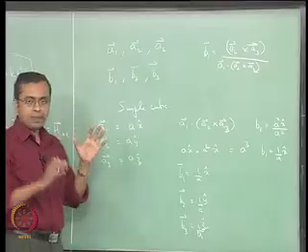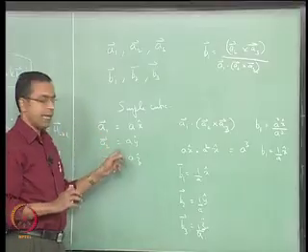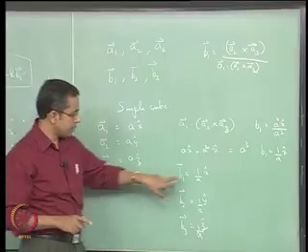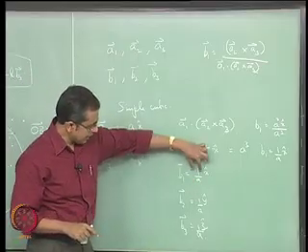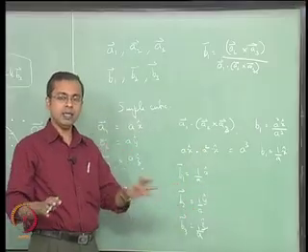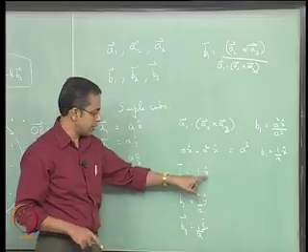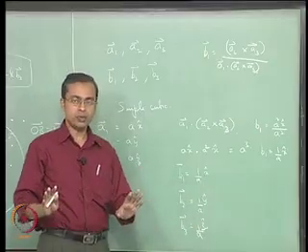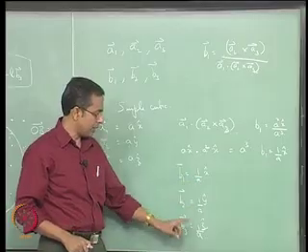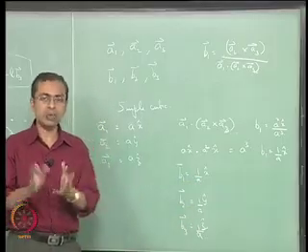So if you take a simple cube of side A, its representation in reciprocal space will continue to be a simple cube because the magnitudes are the same, 1 by A, 1 by A, 1 by A. So we have 3 mutually perpendicular directions x, y and z, along which we are travelling the same distance 1 by A. So we continue to have a cube.